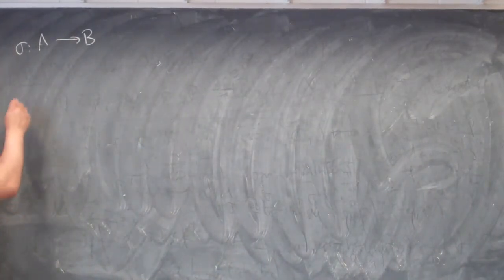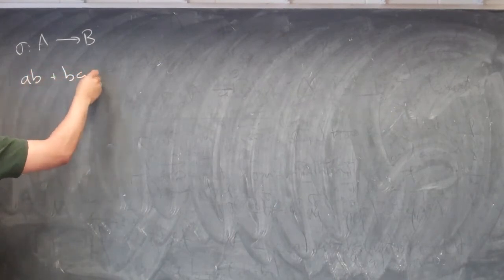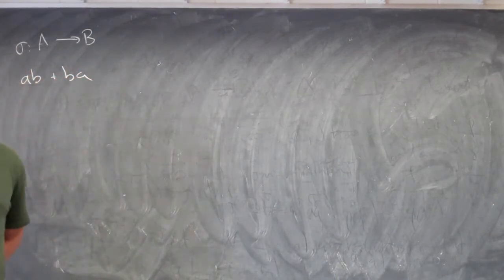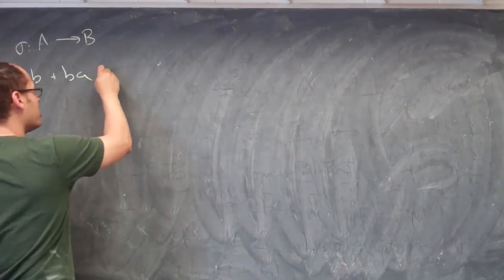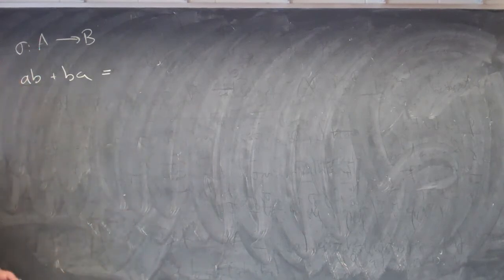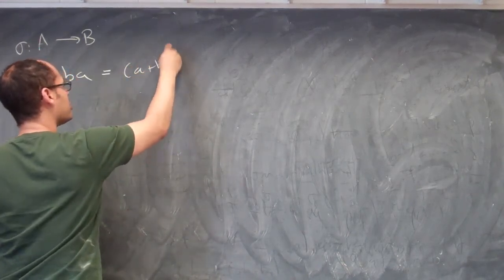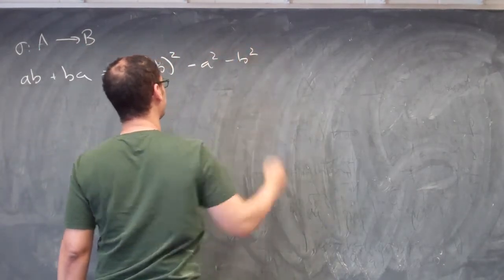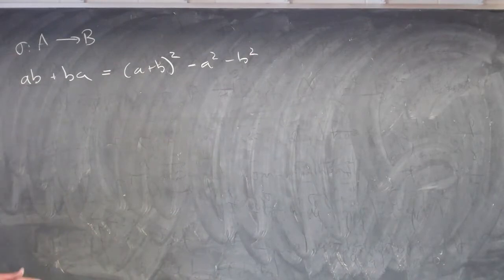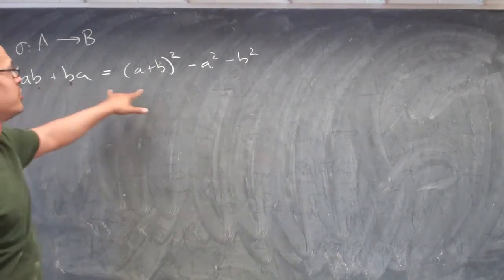So notice that the operation AB plus BA, the symmetrized multiplication, but without dividing by 2 now, I can always write in terms of the Jordan operations that I have. This is always (A plus B) squared minus A squared minus B squared. Right? If I remove everything but the cross terms, then I get AB plus BA. I can always describe this operation in terms of the Jordan structure.